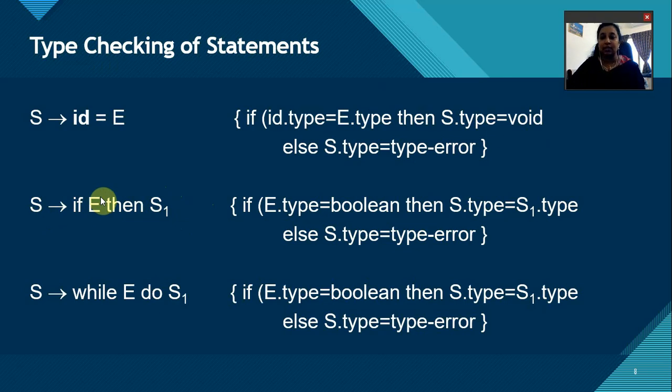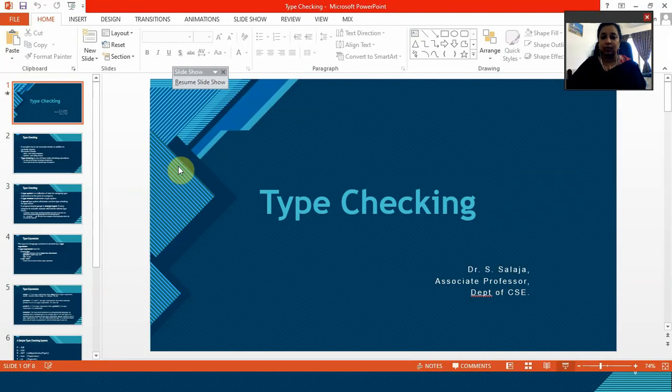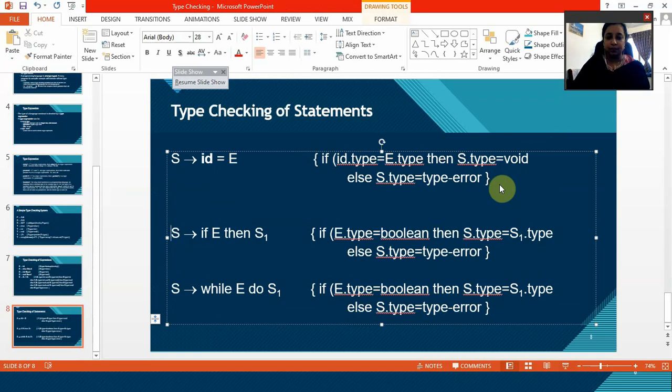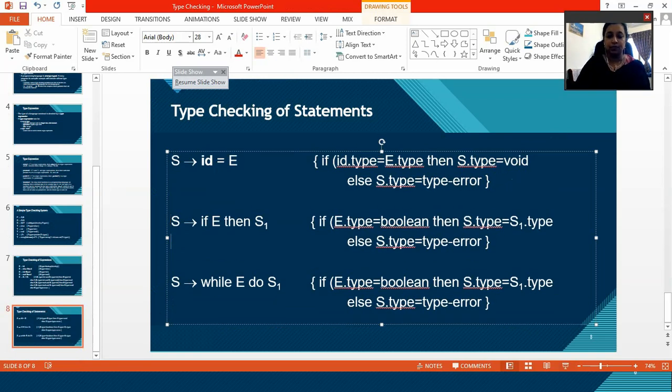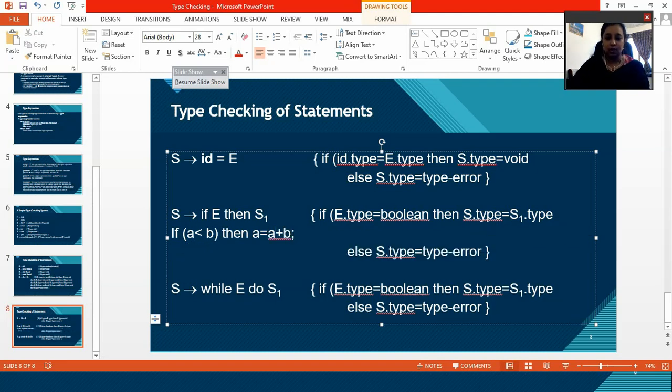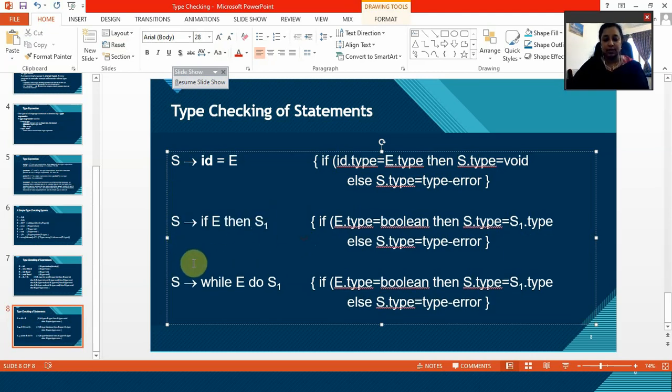Now if that is the case, how are we going to do it? For example, I would like to type here: if A is less than B, then A is equal to A plus B. This is an expression taken for our easy understanding.